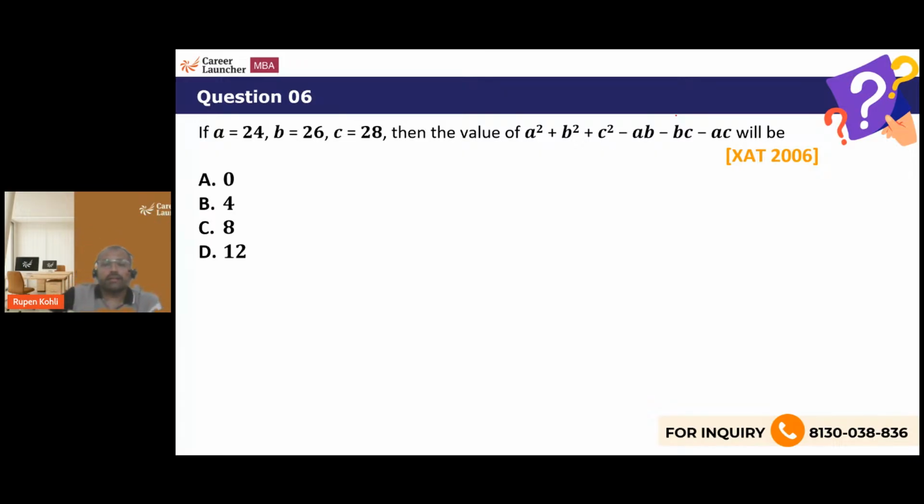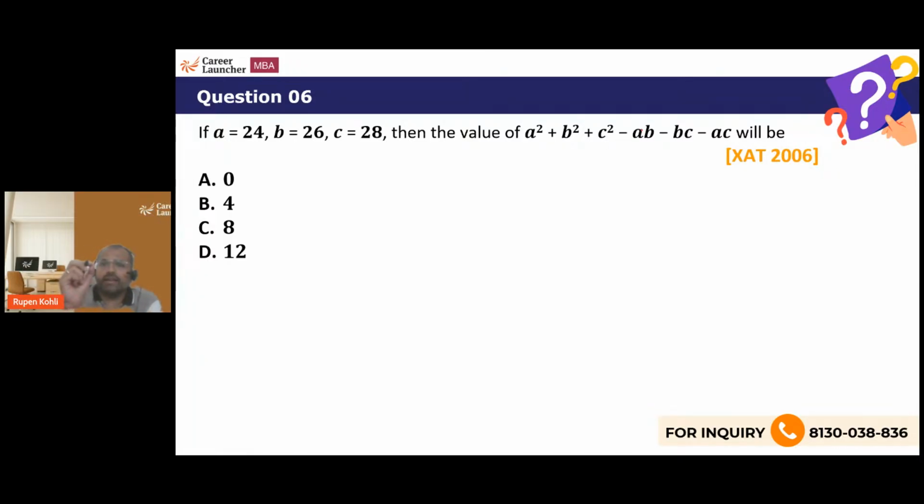All right. So the point is that this expression, the way it looks, some kind of algebraic simplification can be done with it first, and then the numbers should be used. If I just double this expression, we know that a minus b whole square is a square minus 2ab plus b square. I'm seeing an ab thing over here.